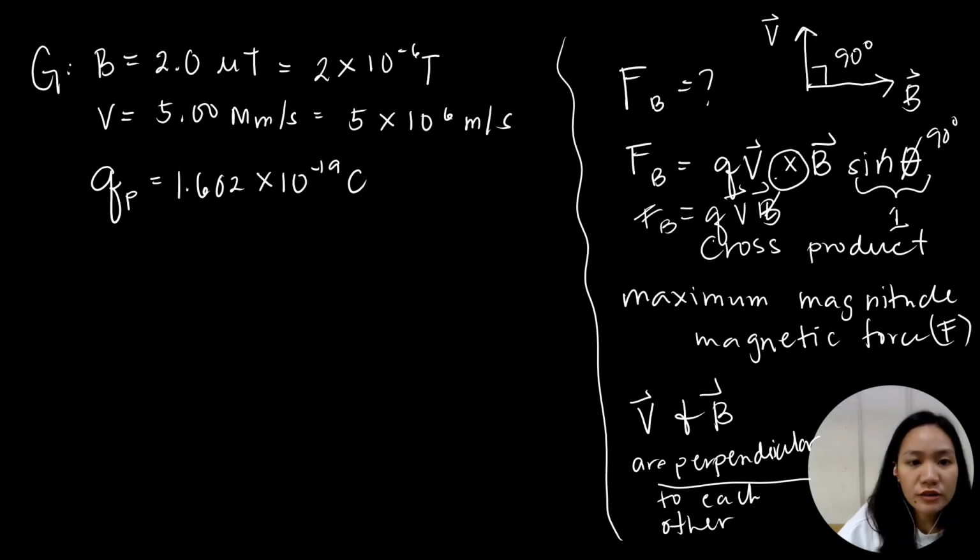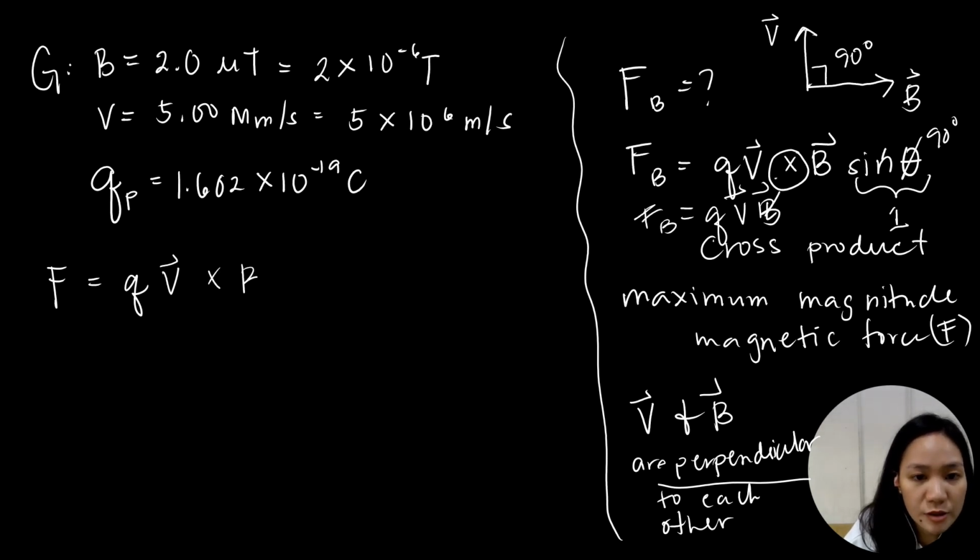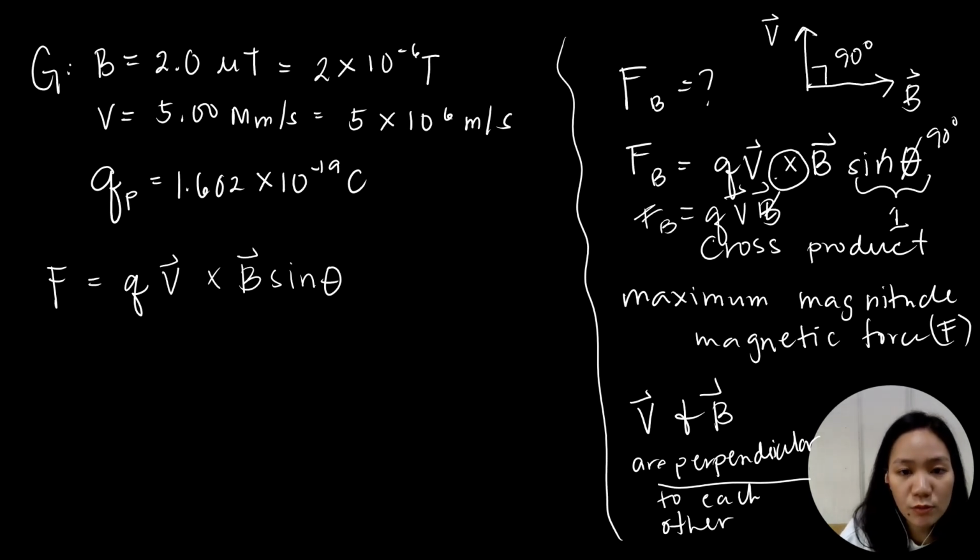Now, moving on to the computational part, since we only need three values in the problem, we can directly substitute the charge of a proton times the velocity of the proton times the magnetic field sine theta. Since the question earlier says maximum, it is implied that theta is equal to 90 degrees.